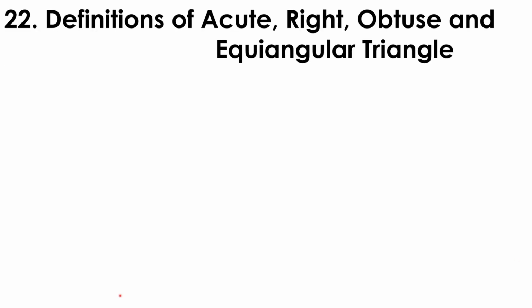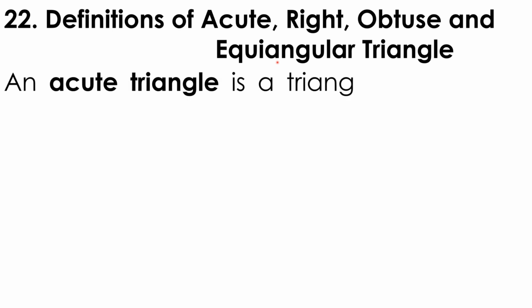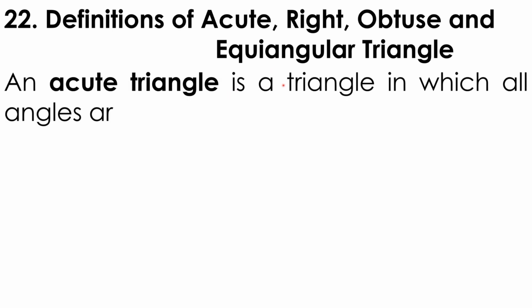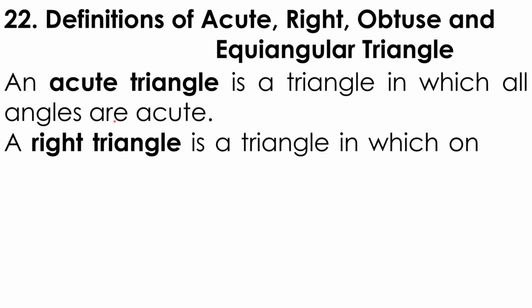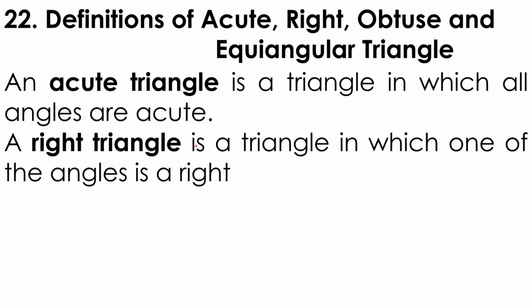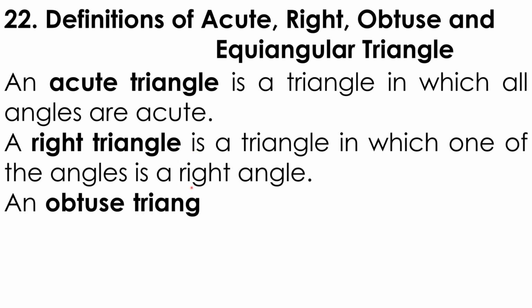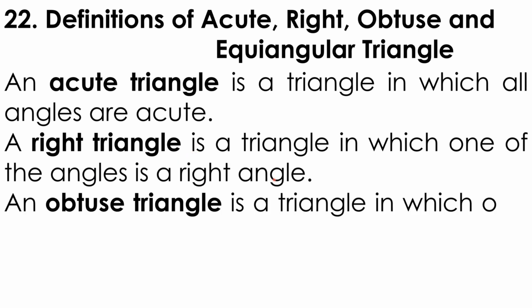Now let's proceed to the definitions of acute, right, obtuse, and equiangular triangle. An acute triangle is a triangle in which all angles are acute. A right triangle is a triangle in which one of the angles is a right angle.